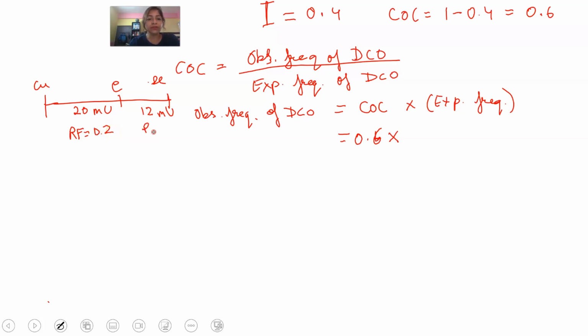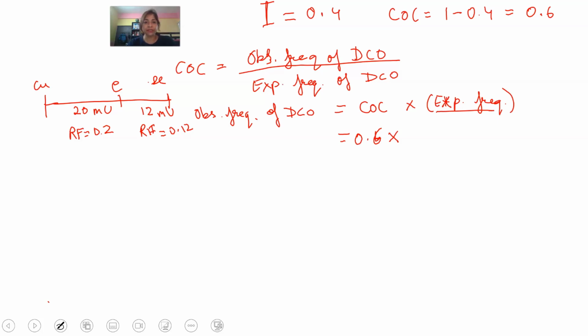And the recombination frequency between E and SE will be 0.12. Okay, now since these recombination frequencies are independent events, if we consider them independent, then only will we be able to calculate the expected frequency of double crossover.